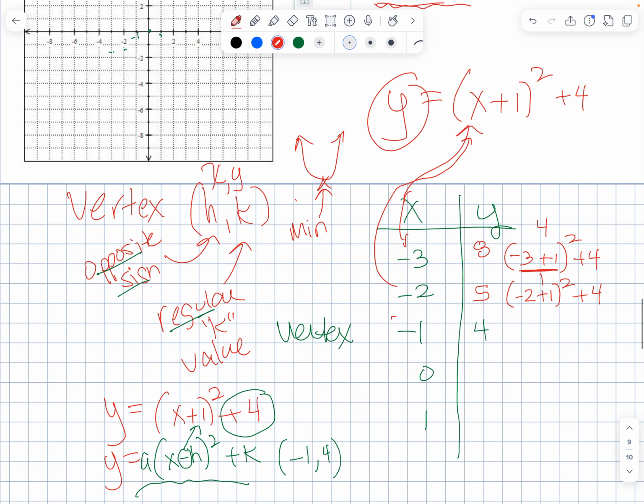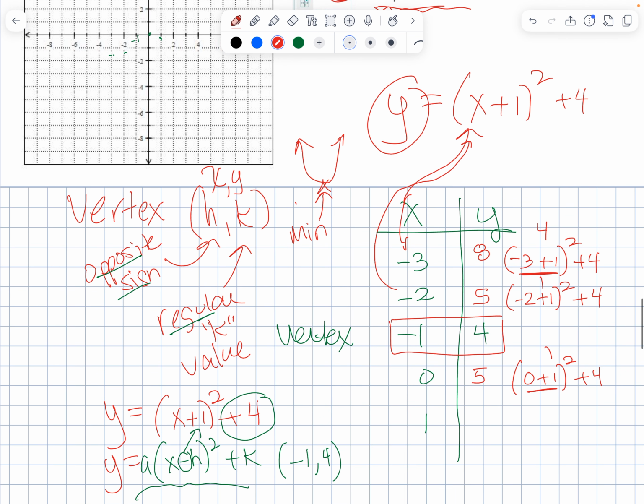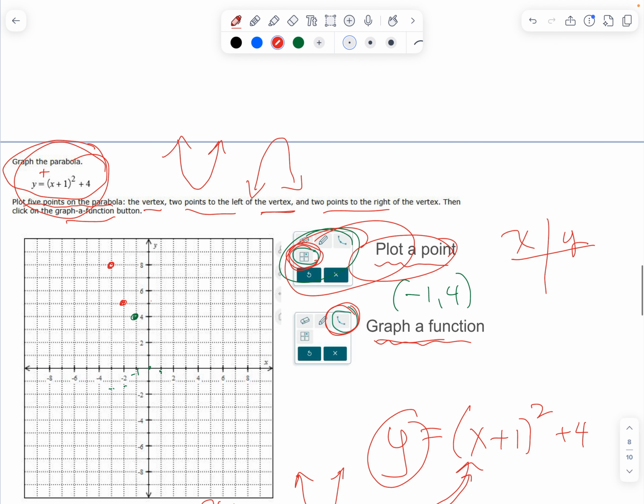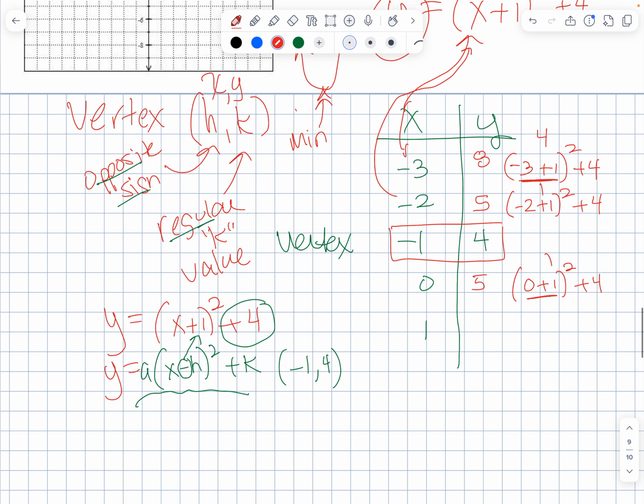All right, we already did the vertex. So let's try putting 0 in. So (0 plus 1) squared plus 4. Well, this is 1. 1 squared is 1, and 1 plus 4 is 5. So 0, 5 is another point. So you use plot a point. Come up and put 0, 5 there. And then we'll try putting a 1 in.